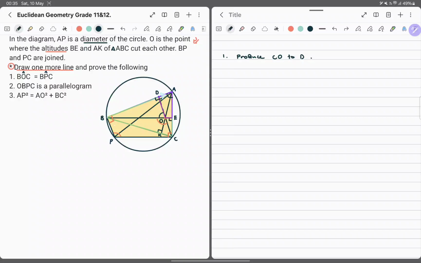Of course, I still need to justify why this is a cyclic quad. But remember, what is this angle? It is 180 degrees minus this angle, so which gives me that. And this angle and that angle are on a straight line, COD. So they should be 180. So the 180s cancel, and guess what? That angle is equal to this angle. So this proof is going to be done like that.